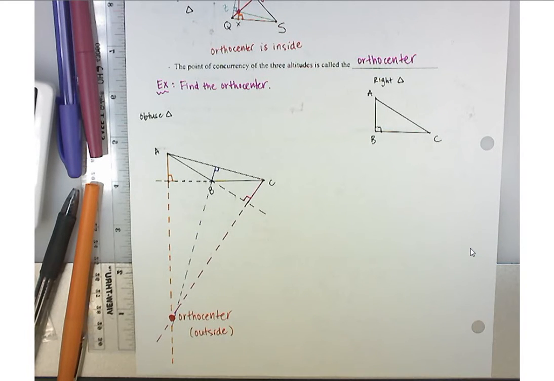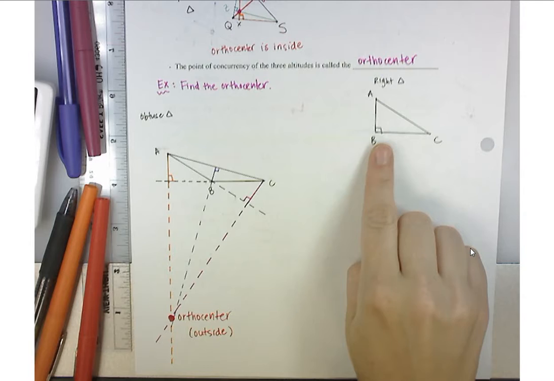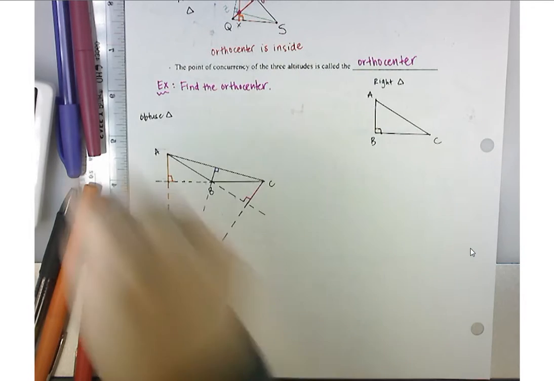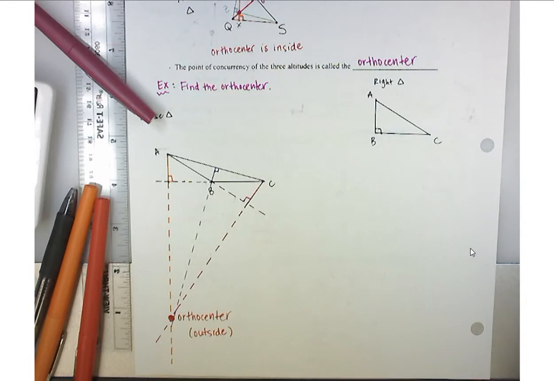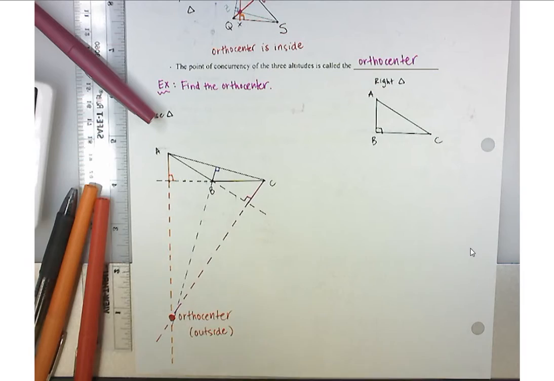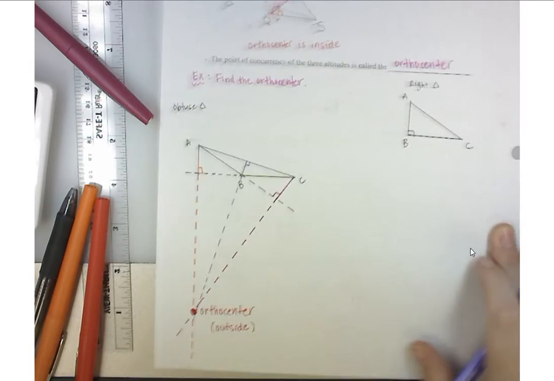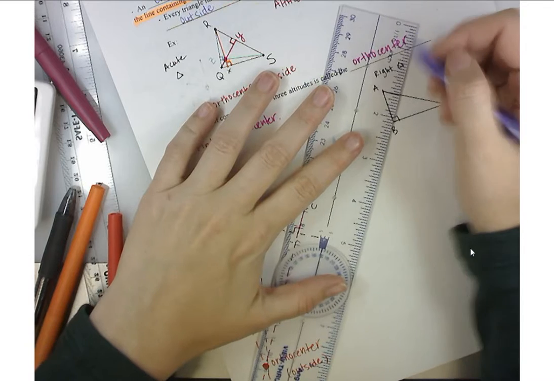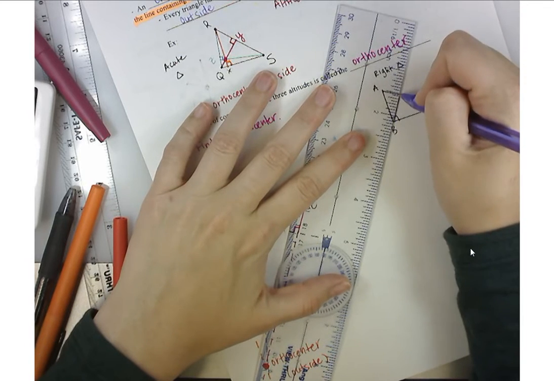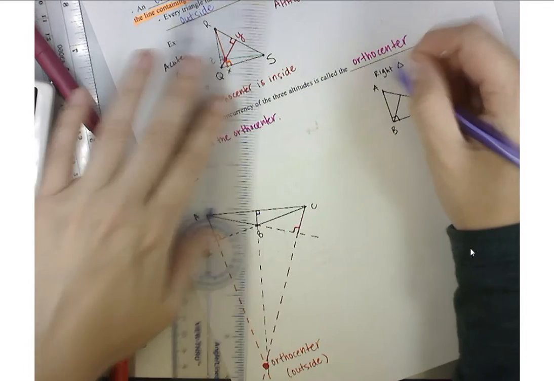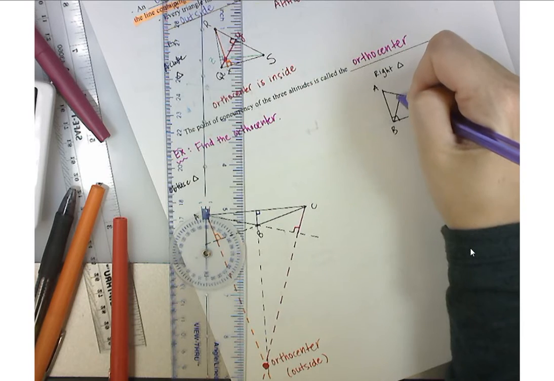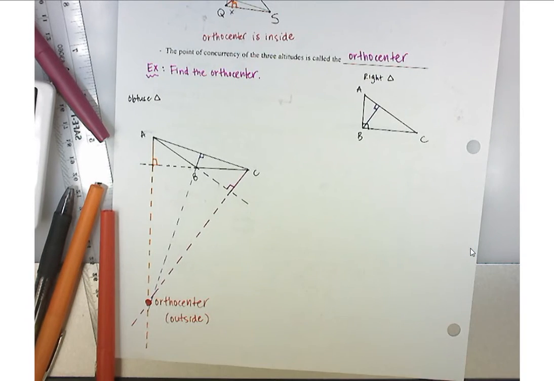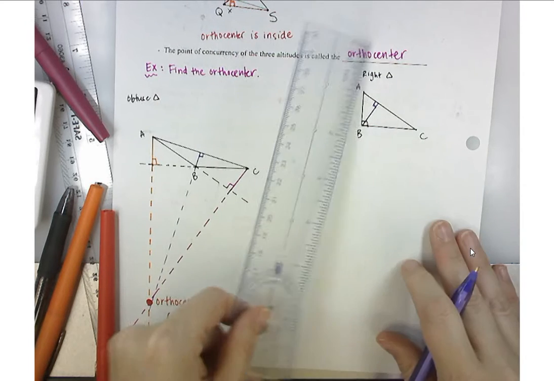Again, the first one that you draw, the simplest one to draw, is going to be the one from B. Okay, so let's go ahead and do that one first. Then it goes right to the side. All right, and then the one from A to the opposite side.